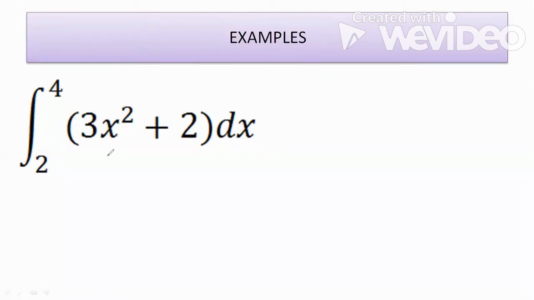We're just going to integrate this function here. When we integrate that function, we have 2 plus 1, and that's 3, and we put that over 3, and we integrate 2, we get 2x.